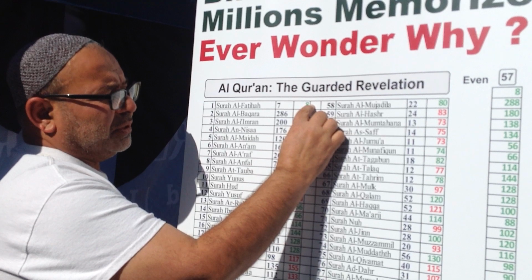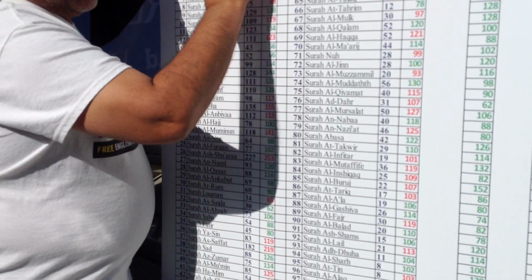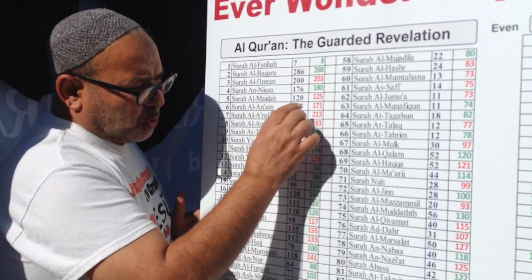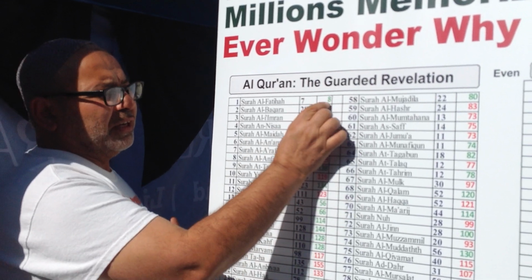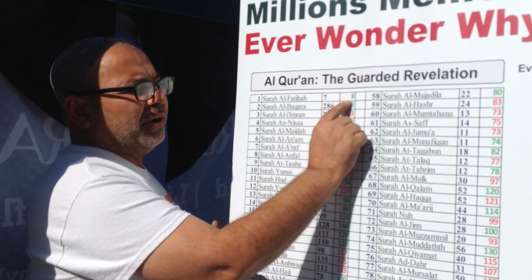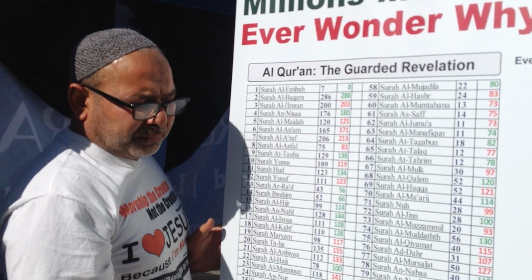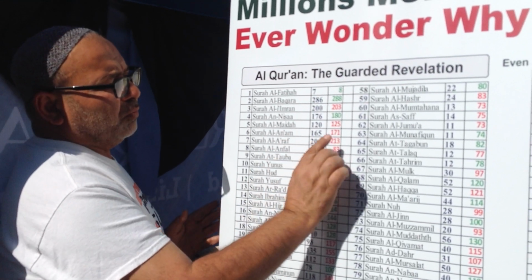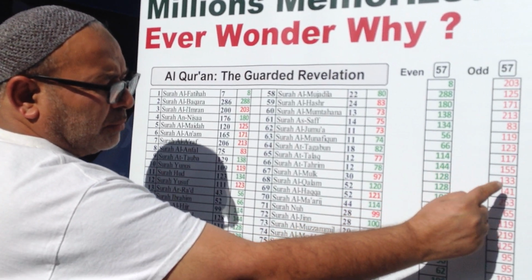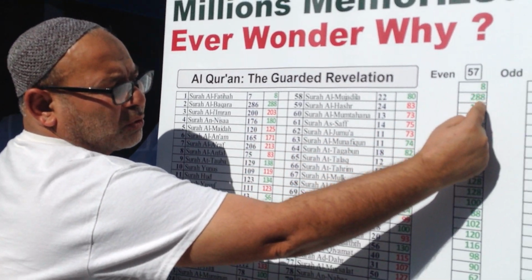Now we see two types of numbers: even numbers and odd numbers. For identification, we gave the color green to the even numbers and red to the odd numbers. Now we will separate all the greens and all the reds into two columns. Chapter 1 gives 8, chapter 2 gives 288, chapter 4 gives 180.